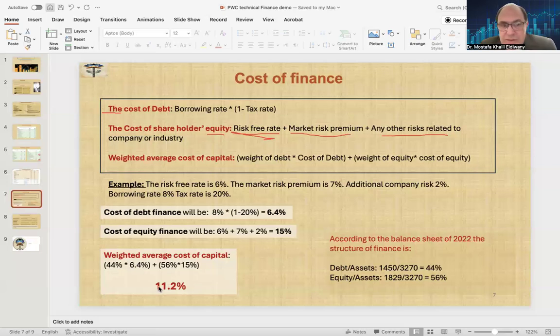And you will get what is called the weighted average cost of capital. Sometimes they call it the WACC, sometimes they call it the cost of finance, sometimes they call it the MAR, the minimum acceptable rate of return. This is the key number that you are going to use if you are going to do a feasibility study, if you are going to decide if the business is really adding value to the shareholders or not.